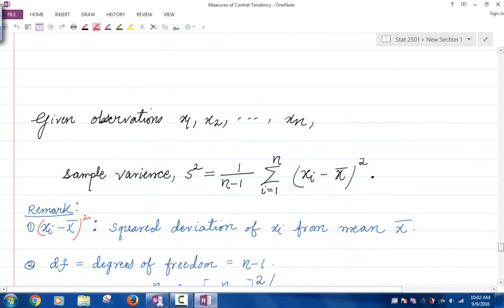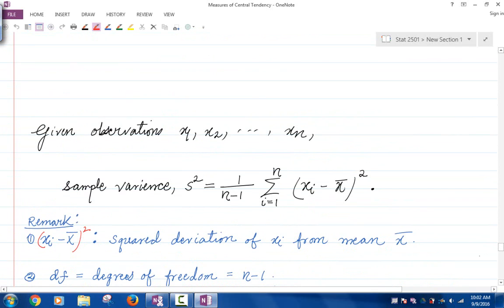One thing that I want you to realize: write out that summation in expanded form.